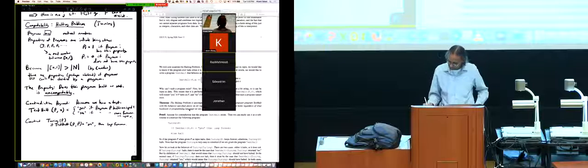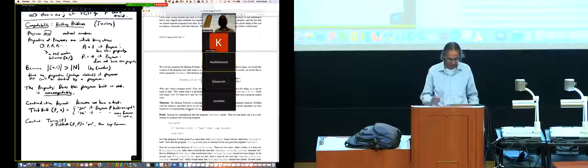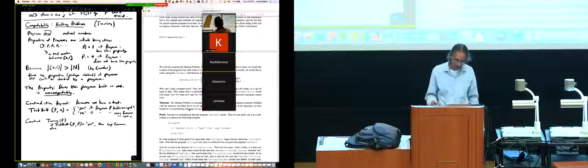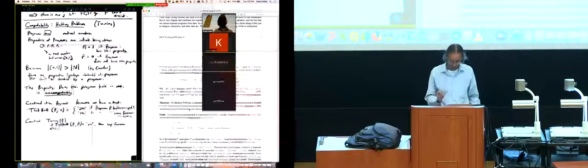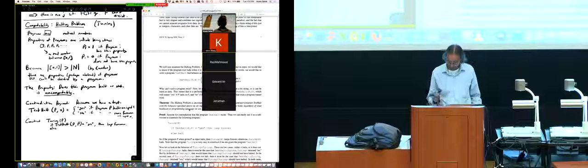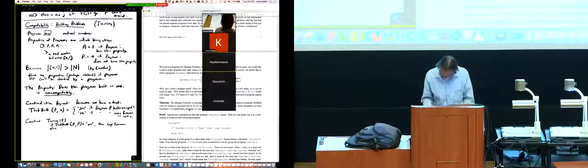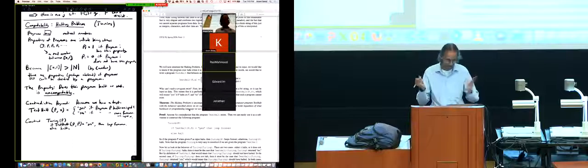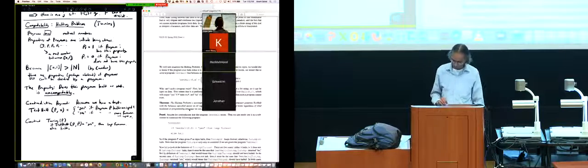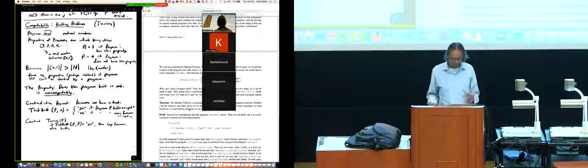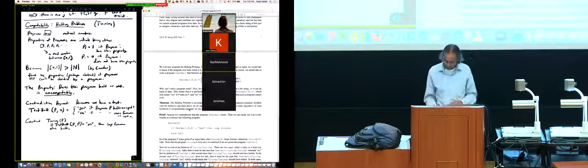For example, it can keep running the same check over and over again. Else, if test halt says the program will loop forever, then halt. Just return 5 or something, it doesn't matter. Stop. So if we had a program test halt, we can definitely write a program Turing.